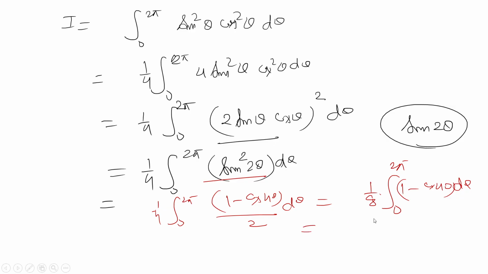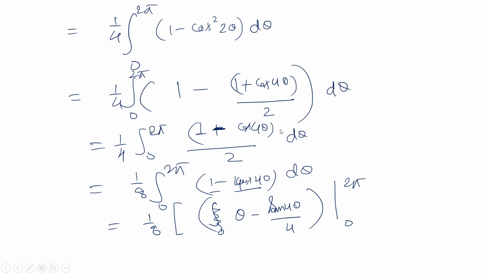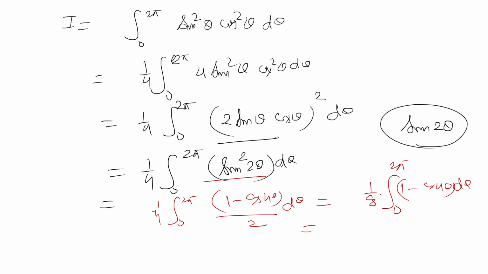So now it is more or less the same, right? We get the same thing right here. You can see 1 minus cos 4 theta. Okay. So theta minus sin 4 theta by 4, 0 to 2 pi.